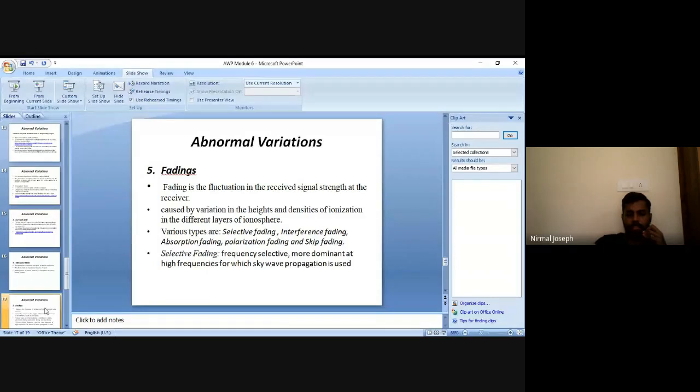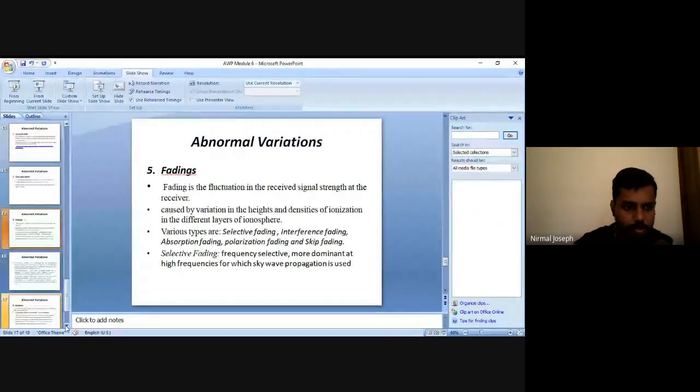The various types of fading are selective fading, interference fading, absorption fading, polarization fading, and skip fading. As the name suggests, selective fading is frequency selective fading. It is more dominant at high frequencies for which skywave propagation is used.